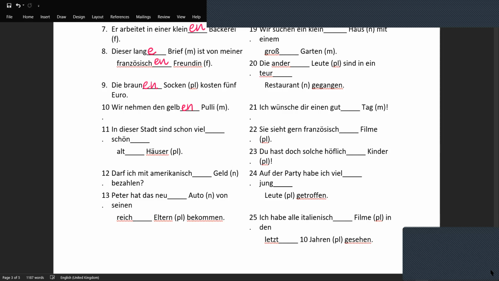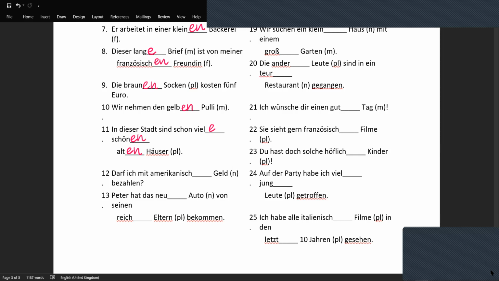In dieser Stadt sind viele schöne alte Häuser. Well, if we take viele as the article itself, then yeah.